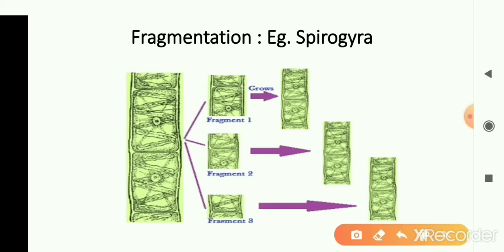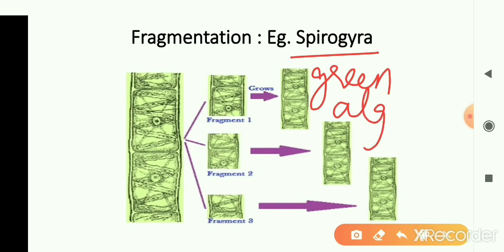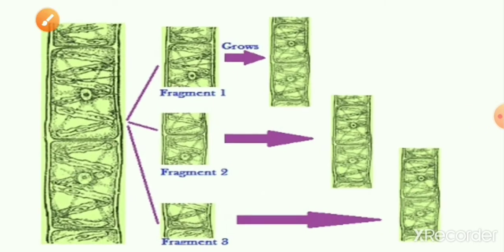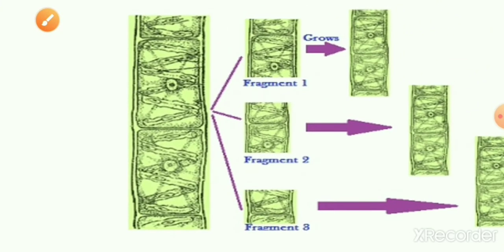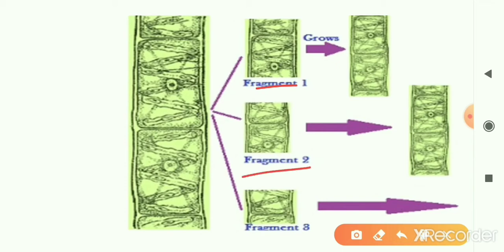In the case of Spirogyra, it is a green algae found in water. As the algae filament grows in size, the filament may break into pieces. Here you can see in this diagram, the filament has broken into 3 pieces. It can be 3 or more fragments.